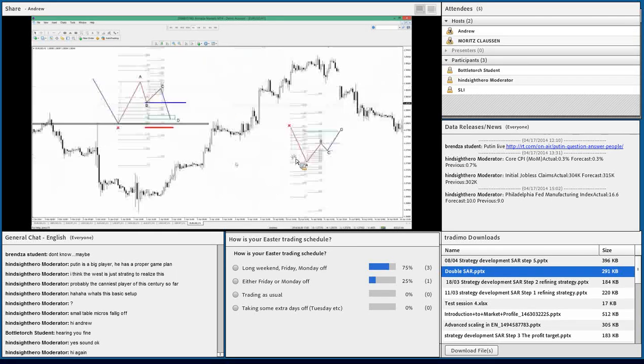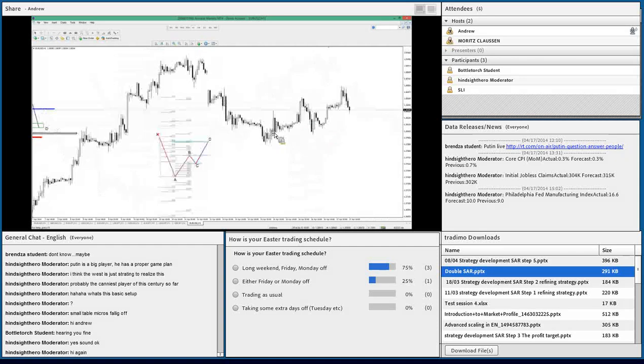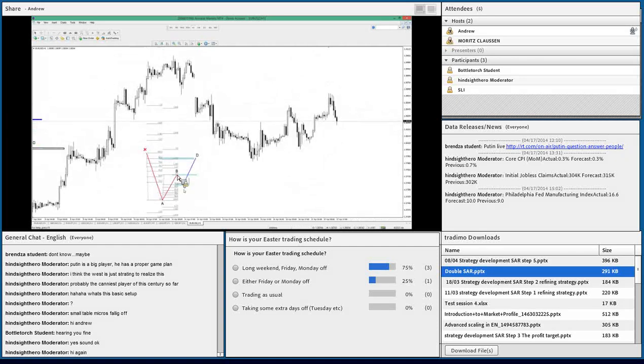The opposite for the bearish pattern, where we have price move down, what I'd be looking for is resistance up here from a higher time frame. So the black line would represent a daily or 4-hour level of resistance.